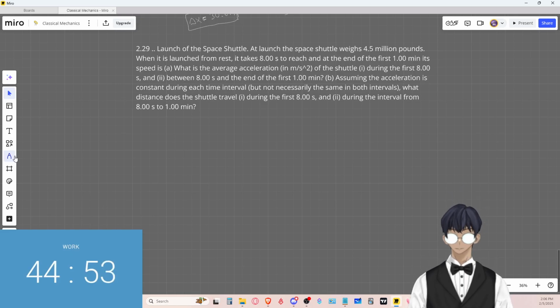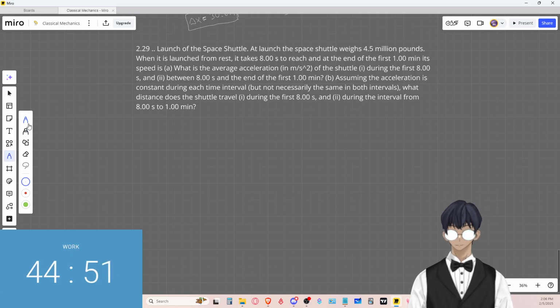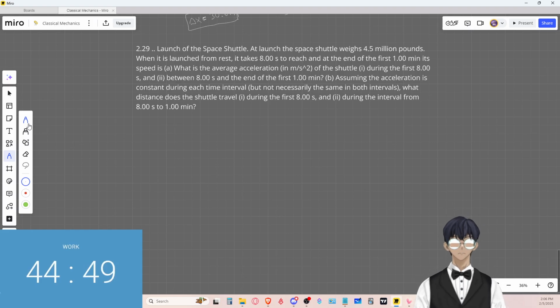All right, let's get our pen here. I do have my calculator with me, so we are good there. Launch of a space shuttle. At launch, the space shuttle weighs 4.5 million pounds.